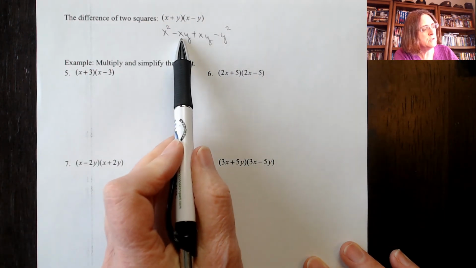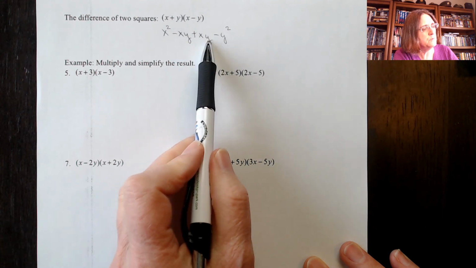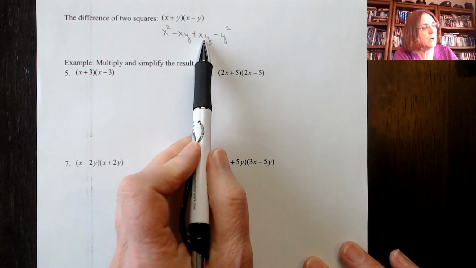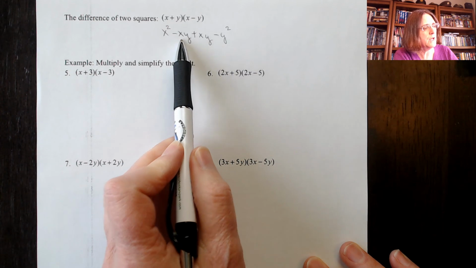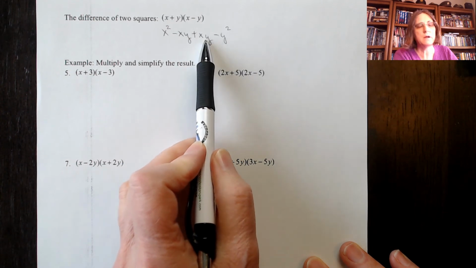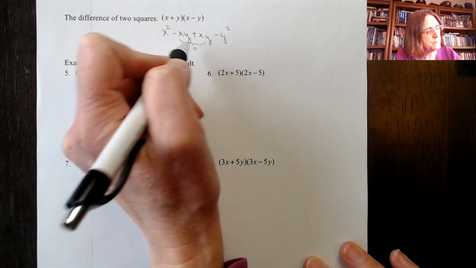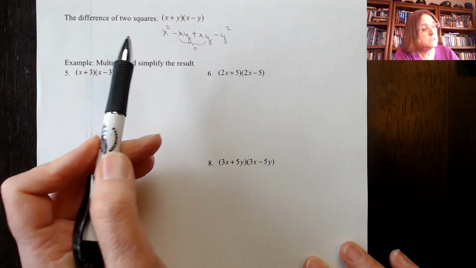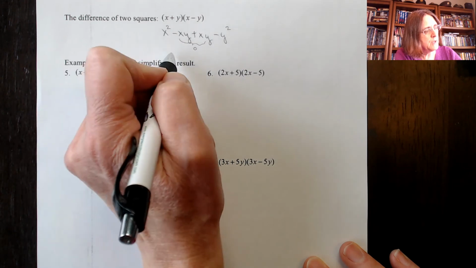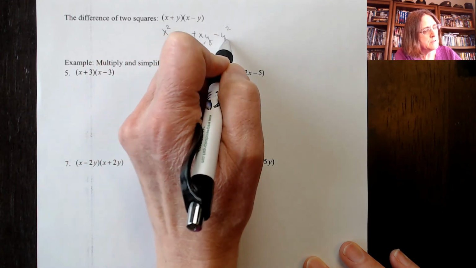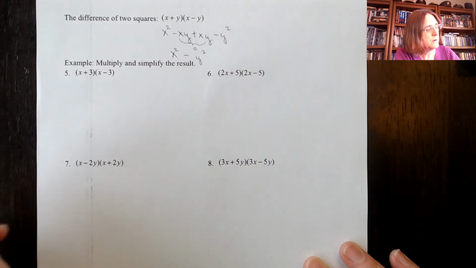Notice now that my outer and inner terms, the two middle terms, are exact opposites of each other. We have negative xy plus xy. Those two terms add to 0. So this leaves us with just our first term, x squared, minus the last term, y squared.